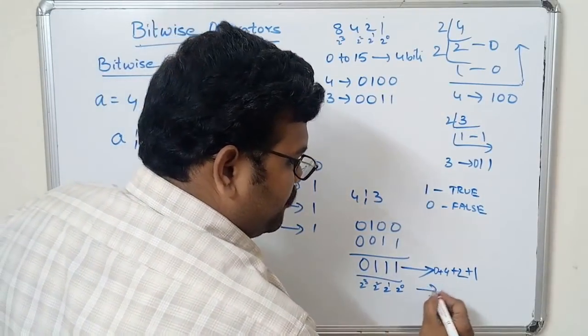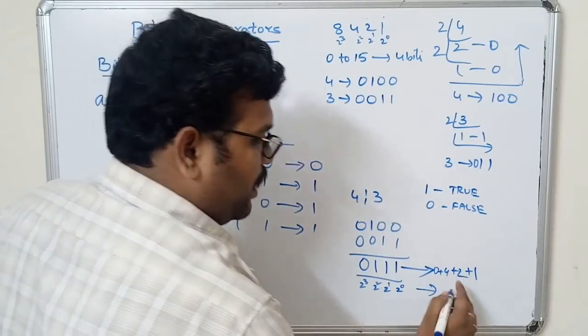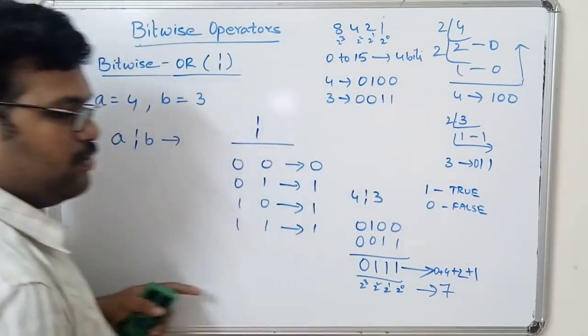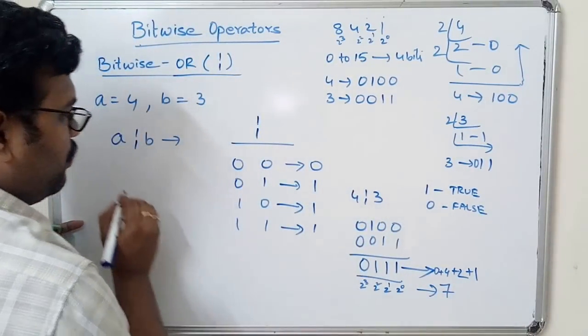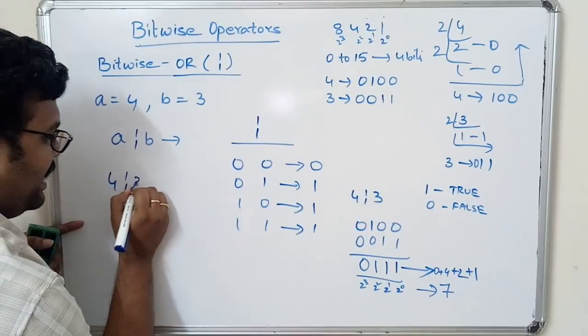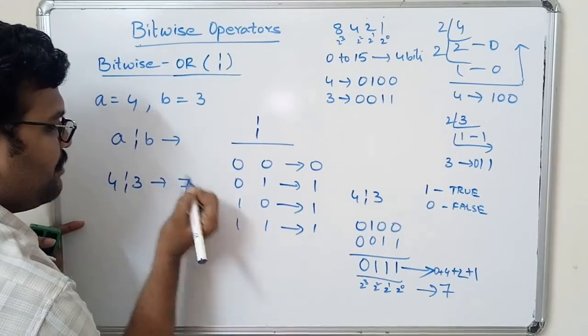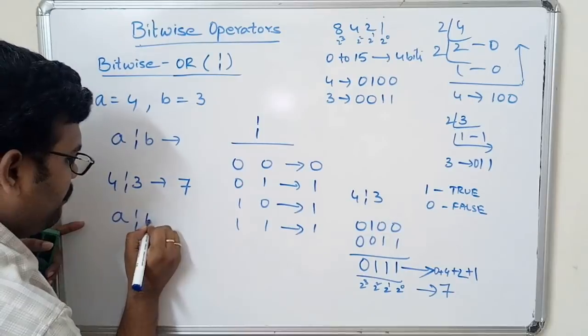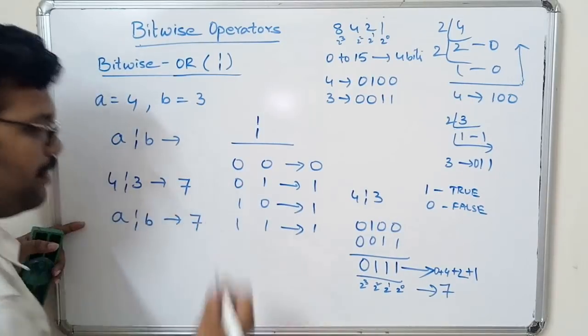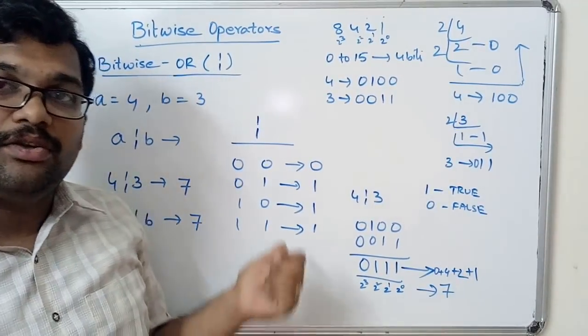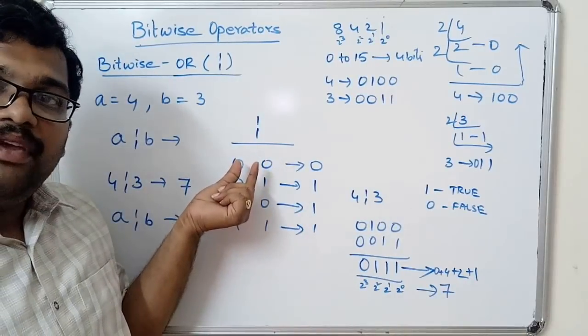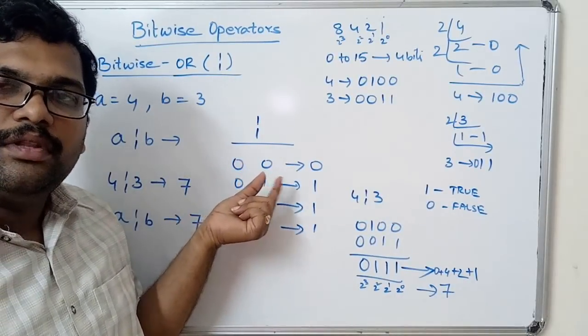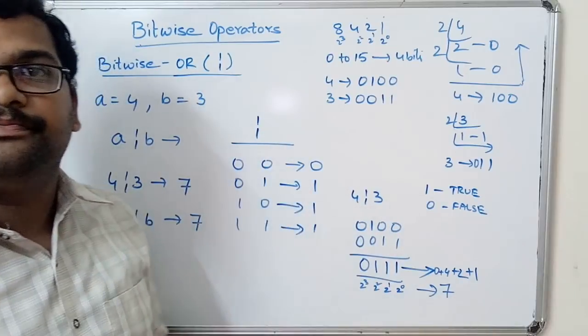That means 4 plus 2 is 6, plus 1 is 7. So the resultant of 4 or 3 is 7. A or B will be 7. Hope you understood this OR operation. Here, if any one is true, the resultant will be true.